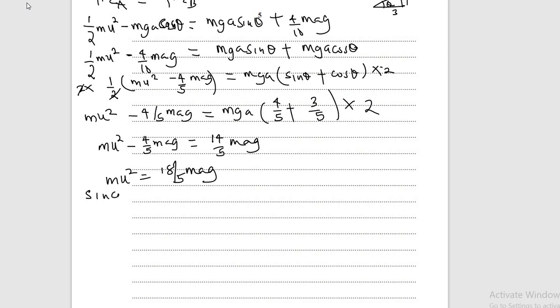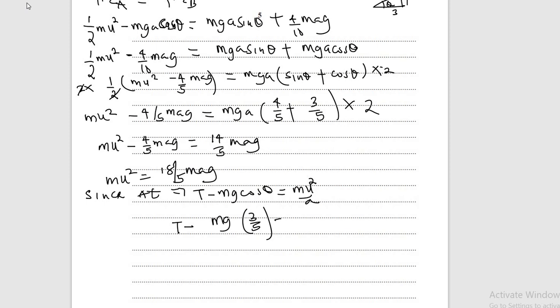Since at A, remember we have T minus mg cos theta equal to mu squared over A. And you know that cos theta is 3 over 5.